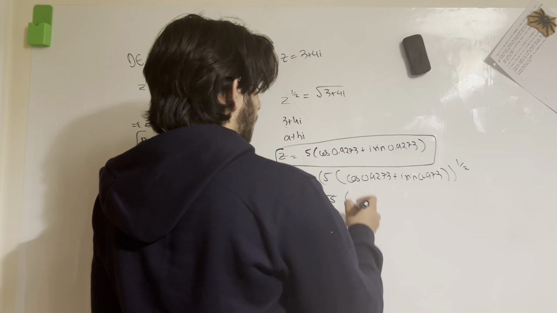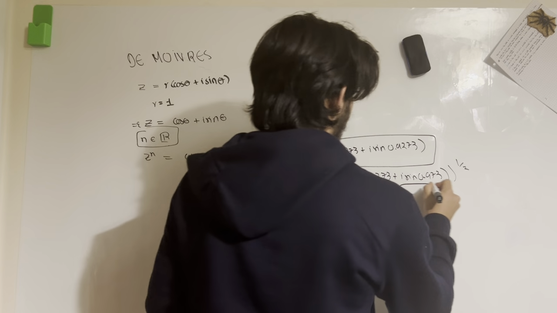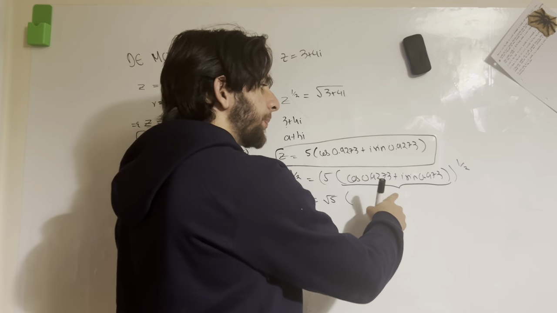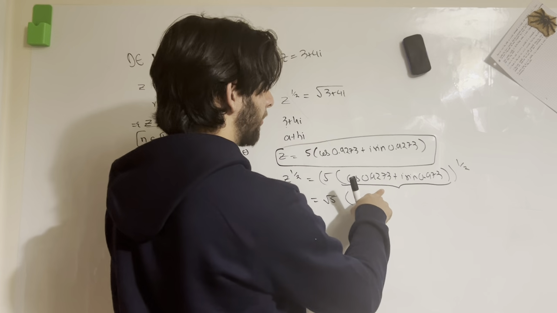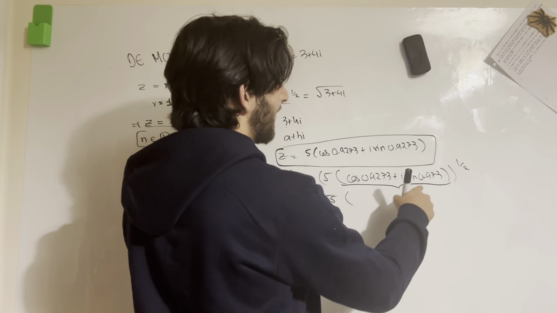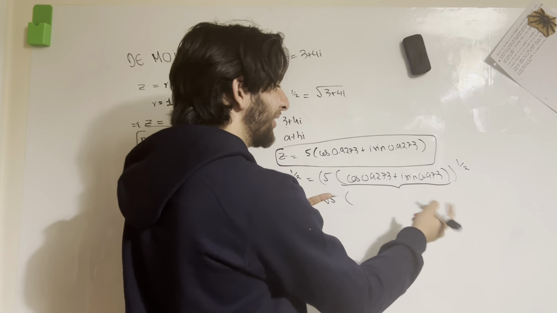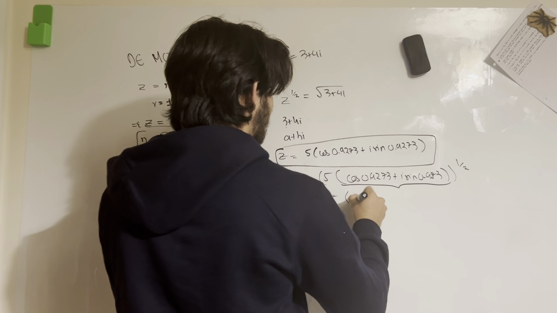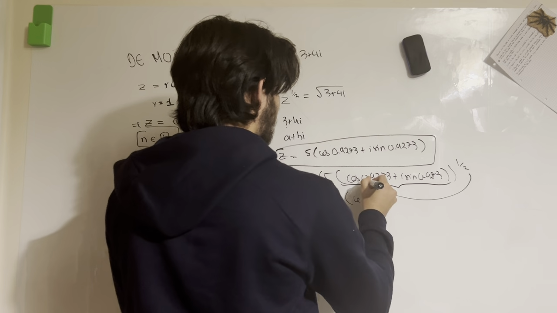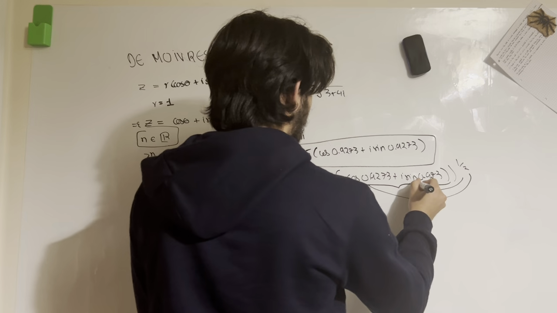But what the interesting bit over here is that you can apply de Moivre's theorem to this bracket over here, cos theta, which is 0.9273, plus i sine theta, again 0.9273. You can move this power down and multiply the angle.